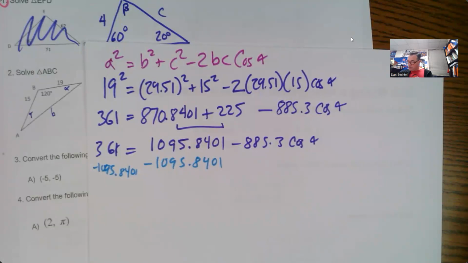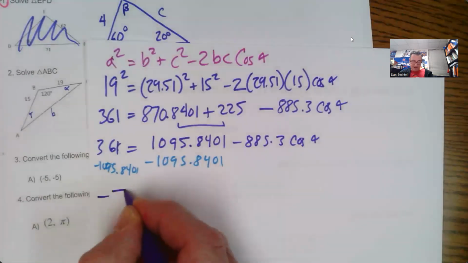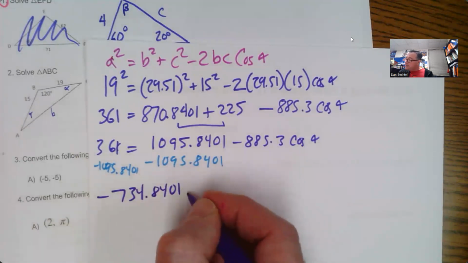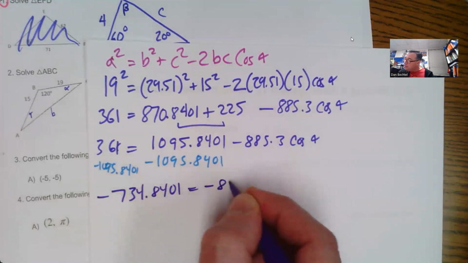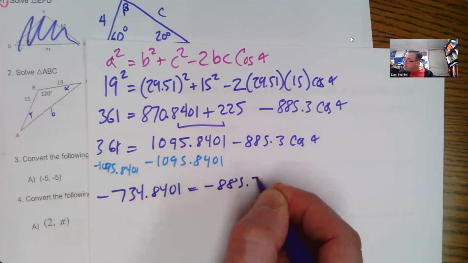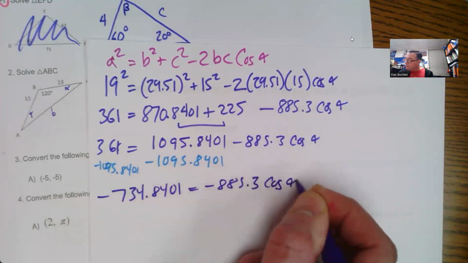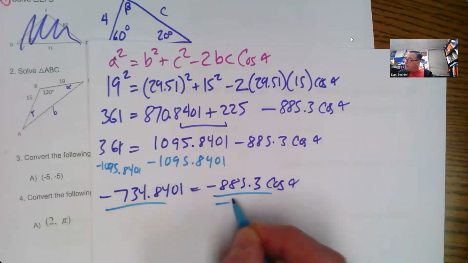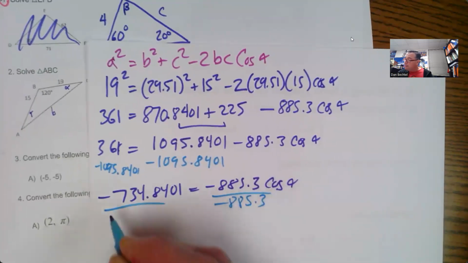If I put those together, I'm going to get negative 734.8401 is equal to negative 885.3 cosine of alpha. Now I divide both sides by negative 885.3.